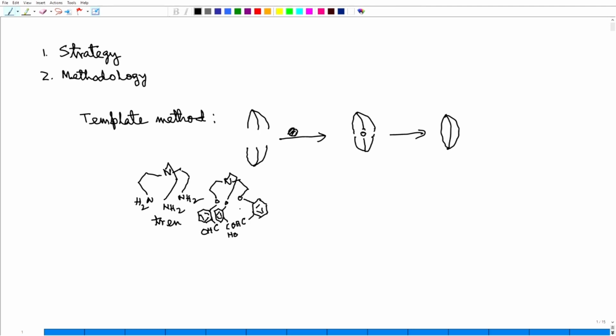Now, why will they meet? They will meet because I will use a metal ion as template.